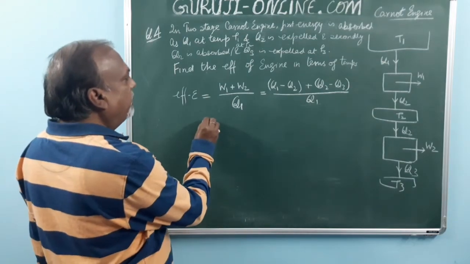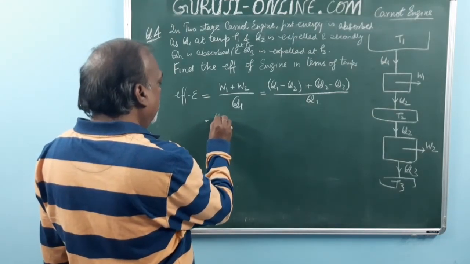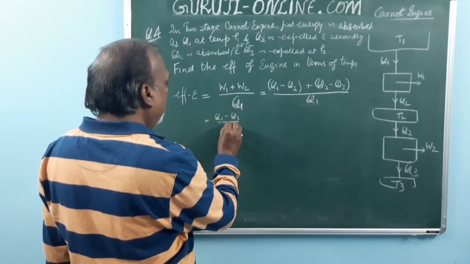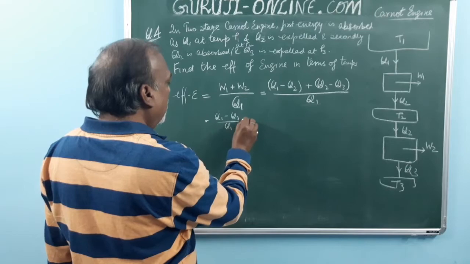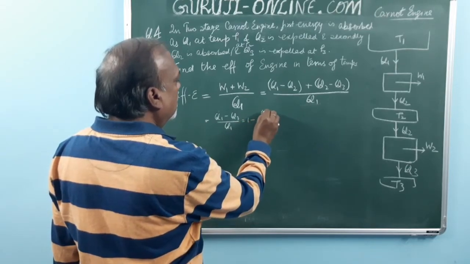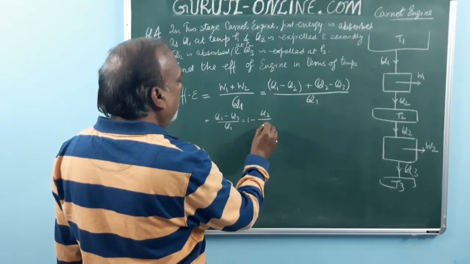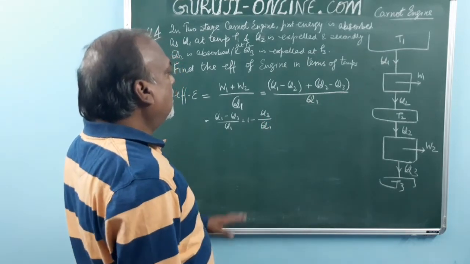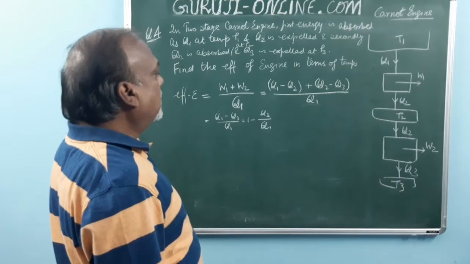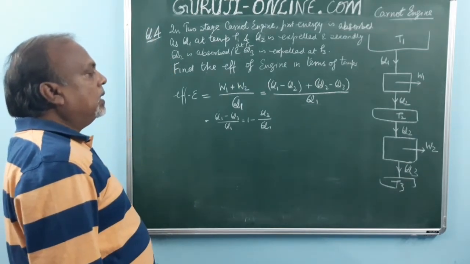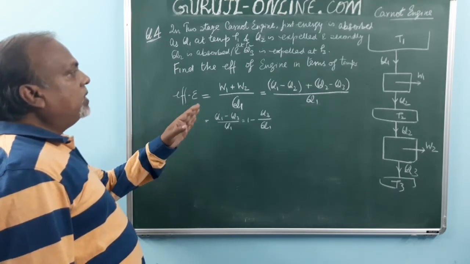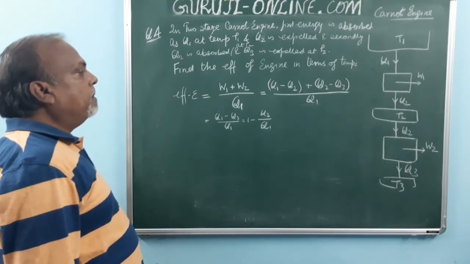This can be simplified as Q1 minus Q3 divided by Q1, or we can write it as 1 minus Q3 upon Q1. But this is in terms of heat energy. But we have to find out the efficiency in terms of temperature.